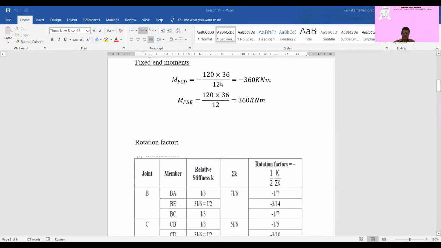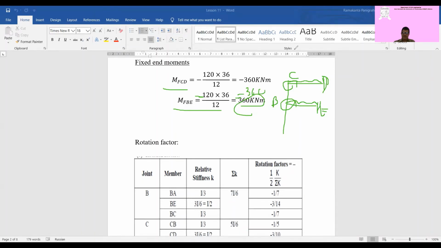Here the sign convention we have made a mistake: it is minus WL square by 12, so it is minus. This is C, and this is D. This is D, this is E. So these ends were made fixed. Now we are calculating the moments only for MFCD and MFD, at this joint. So this value is also minus 360, following the sign convention.